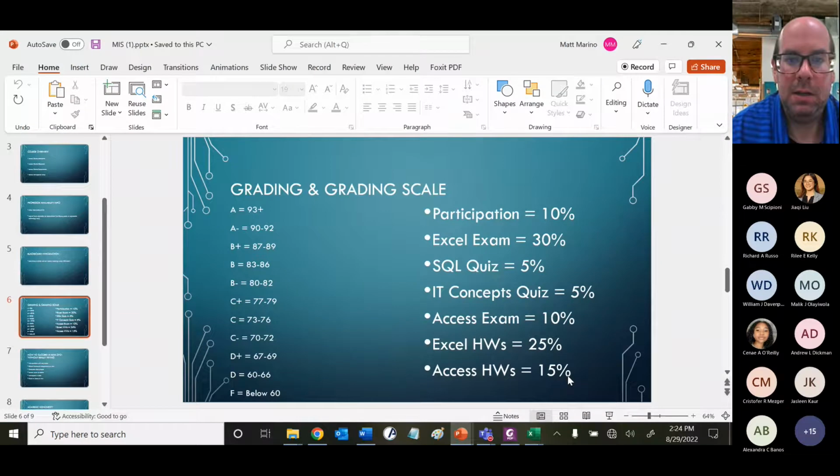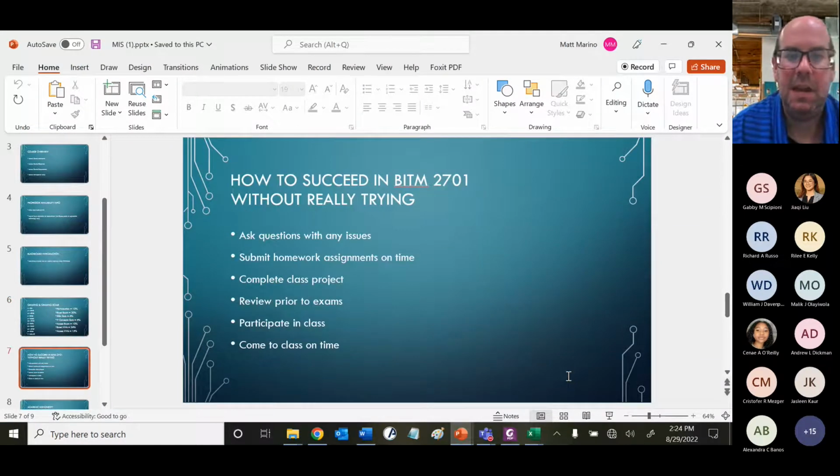Again, the grading and grading scale here is listed. We went through that. So how do you succeed in my classes without really trying? Ask any questions you have, any issues. Submit the homework assignments on time because, like I said, without documentation, I don't accept lates.